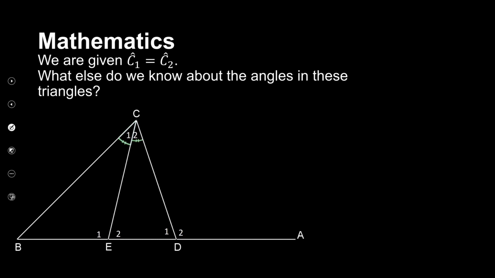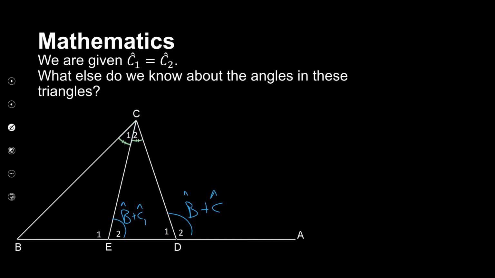Now, what else do we know about the angles in these triangles? We need to apply other properties that we know. I know that this will be equal to angle B plus angle C1, so this will be an exterior angle of a triangle, and then this angle will actually be angle B plus the whole of C, so it's like 2C1.